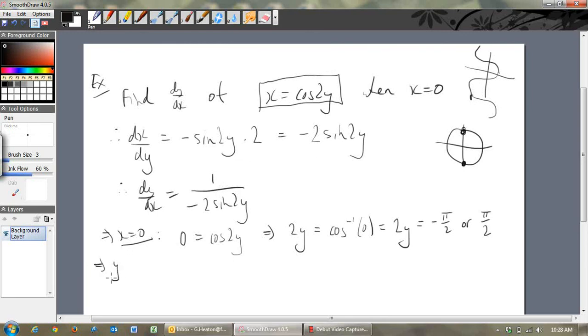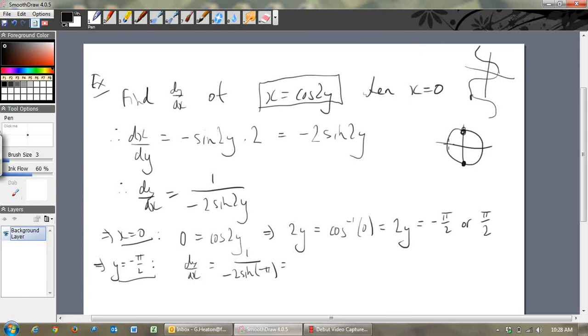So when y equals negative pi on 2, the gradient will be equal to 1 over negative 2 sine 2 times y, that's negative pi, which is equal to, what's sine of negative pi?